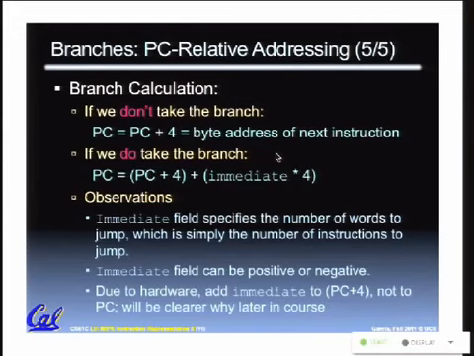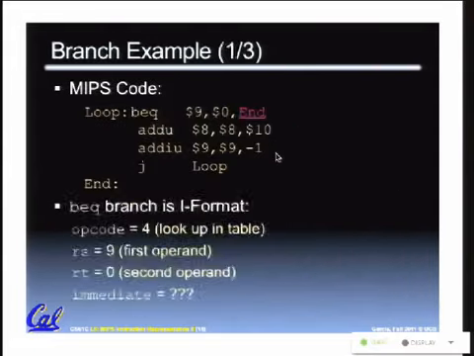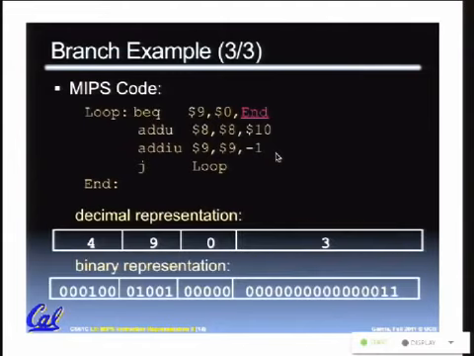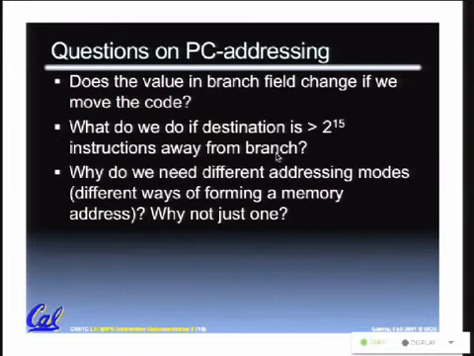Why do you add immediate unsigned as opposed to just add immediate on the slide before? Let's see, the slide before. That's a good question, actually. The reason we have the unsigned there is because presumably this is coming from C code. Usually we write stuff in C, and then it becomes MIPS.